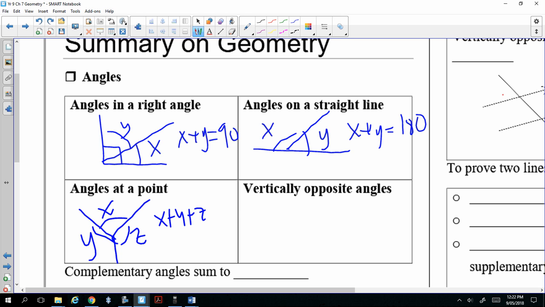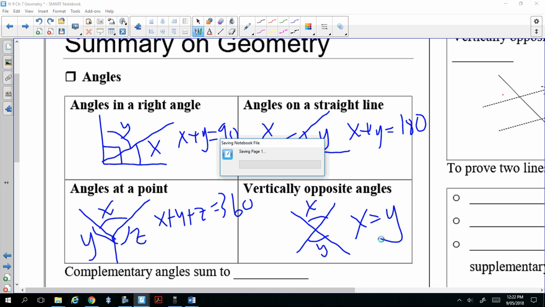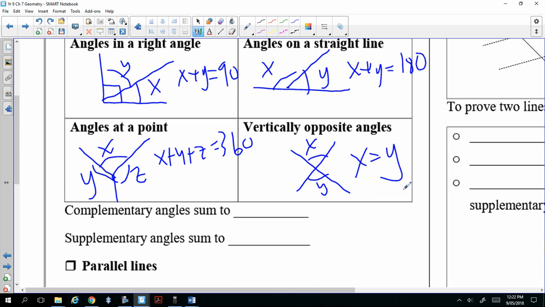Vertically opposite angles are equal to each other. Complementary angles sum to 90 degrees. Supplementary angles add up to 180 degrees.